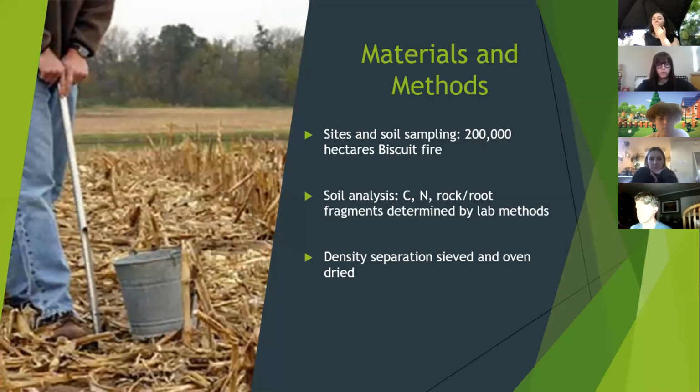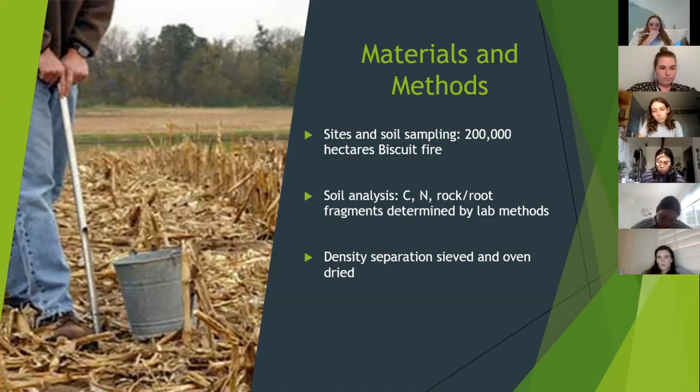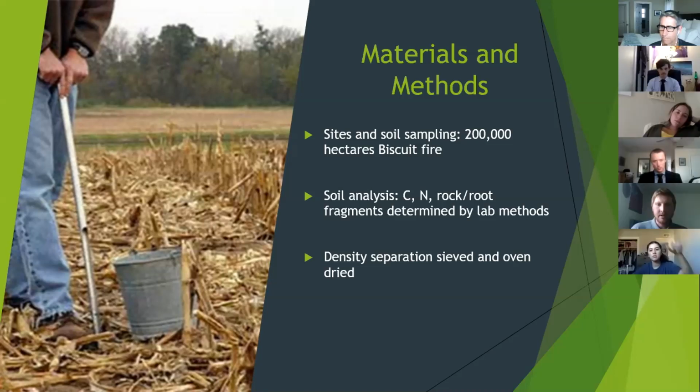Samples were taken from 1 of 4 hectare sites. Each had burn severity classes of unburned, low severity, mixed severity, and high severity, and were tested for root fragment, rock fragment, carbon and nitrogen concentration measurements.